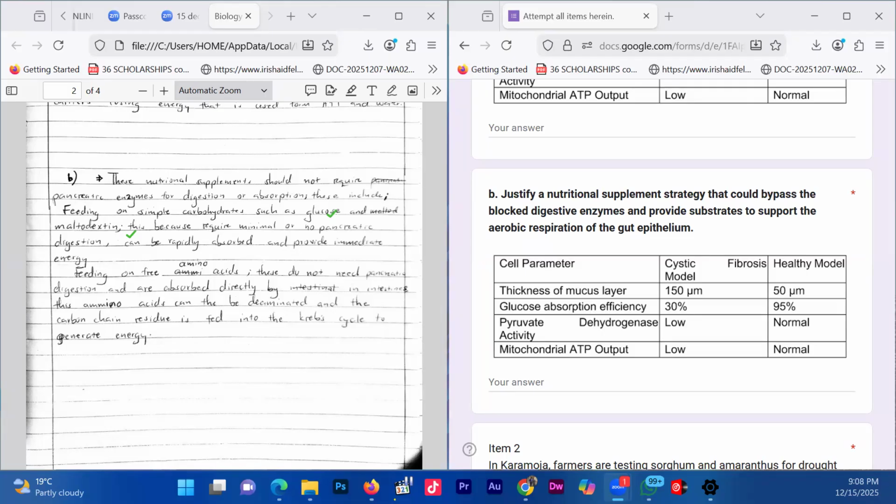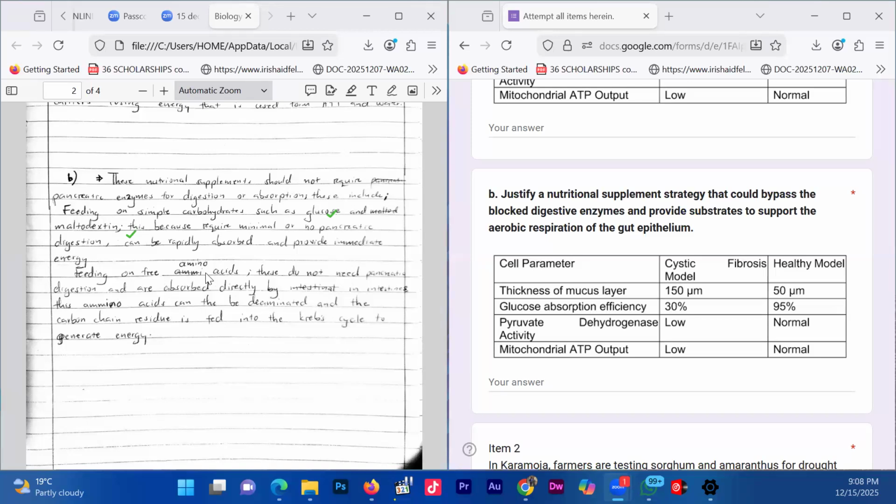But in case they are blocked, there will be no secretion of intestinal juice, or there will be low secretion of intestinal juice.